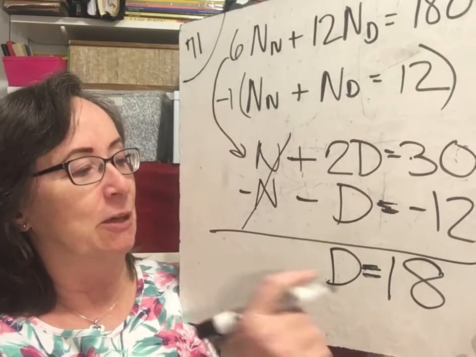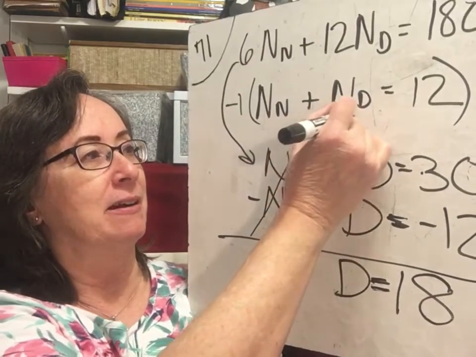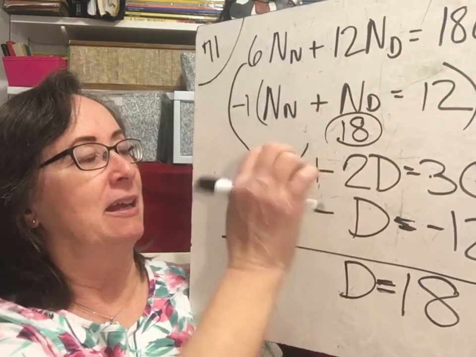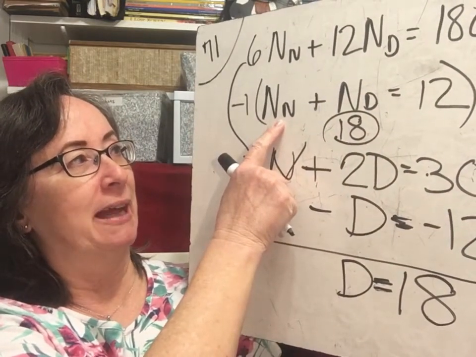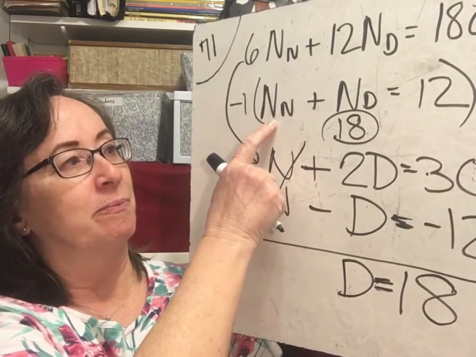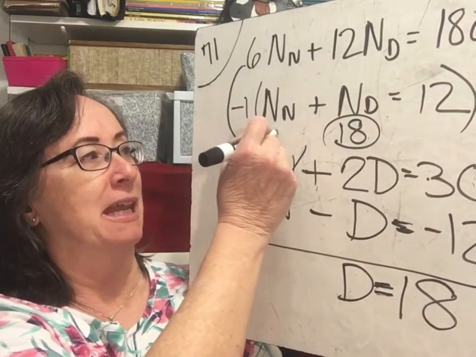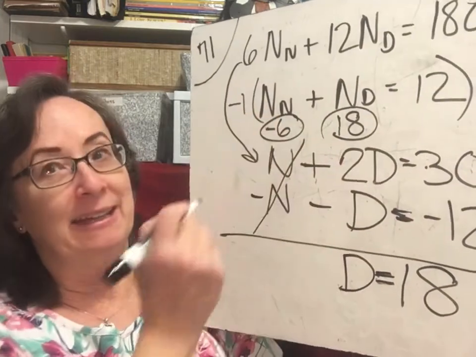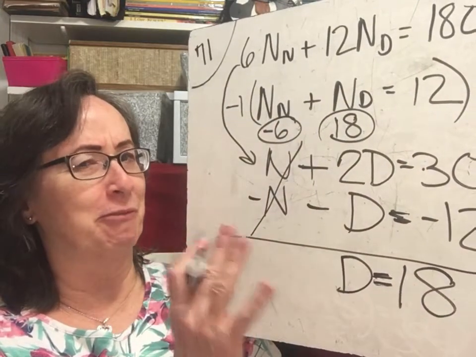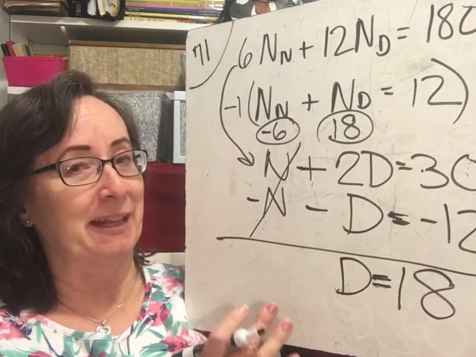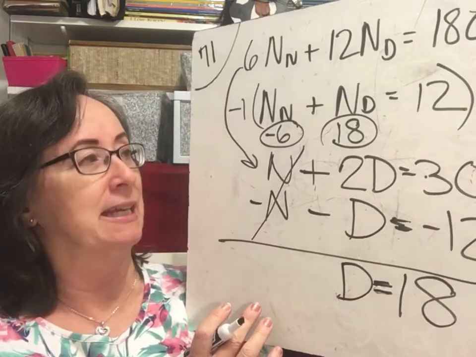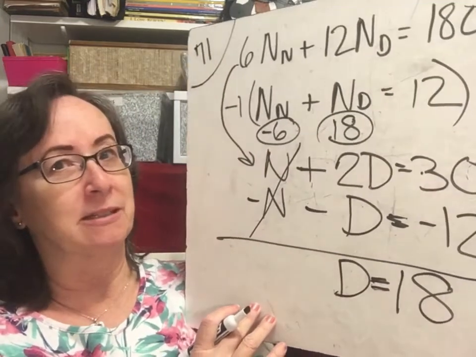Okay, so if we put 18 right here, then right here something plus 18 is 12, so this one's going to have to be negative 6. Now, if we don't think of those as nickels and something that has to be positive, we're okay with that. So now let's just pretend it's a random number.